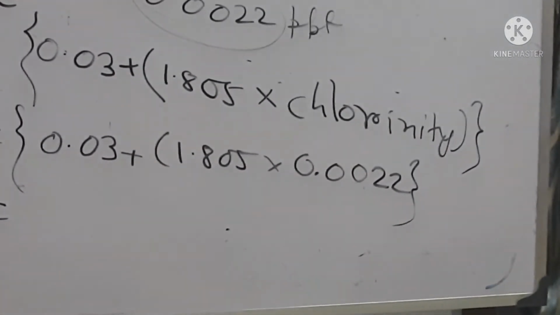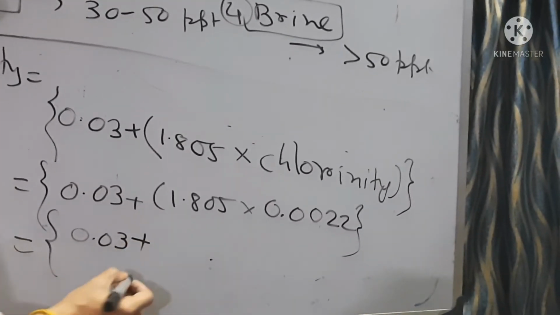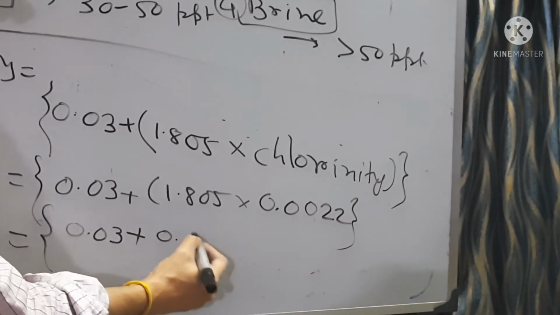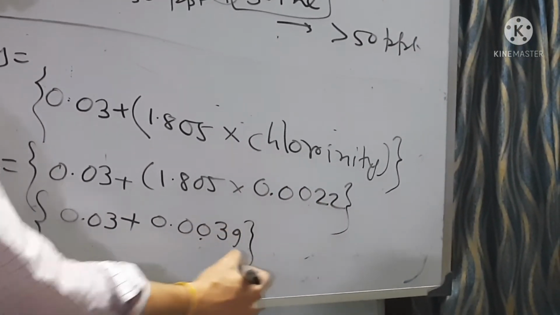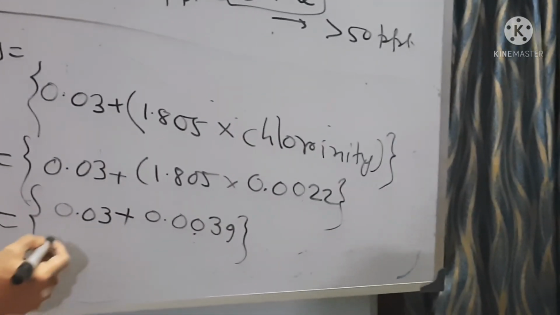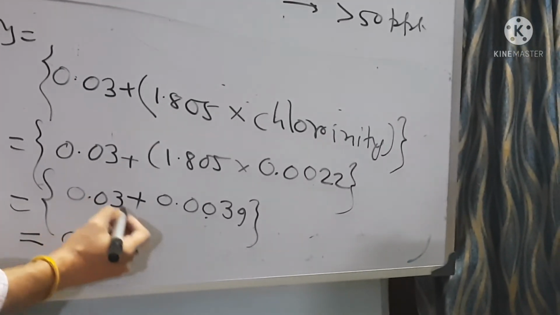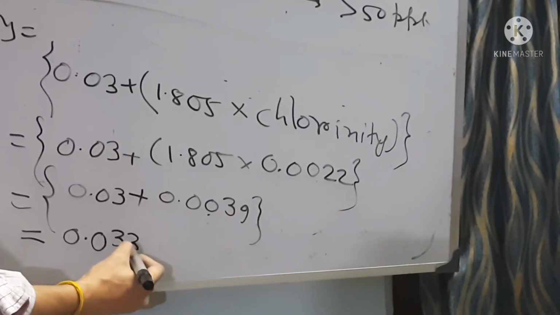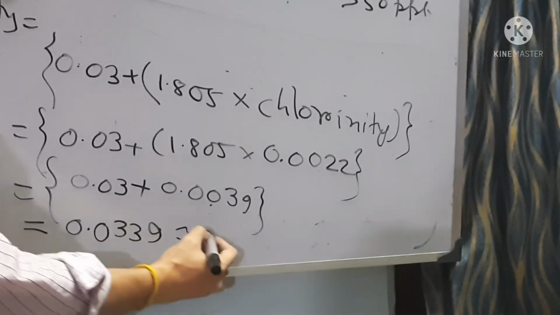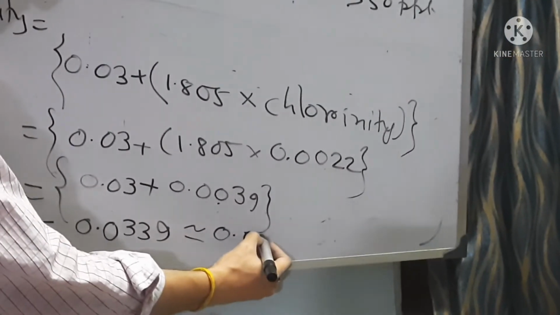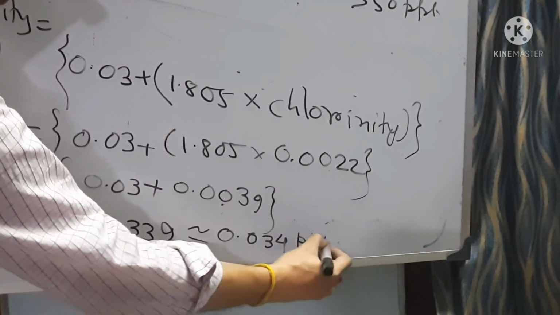So we need to calculate this. The salinity calculation will be 0.03 plus 0.039, which will be 0.0339, or it can be written as 0.034, and the unit will be ppt.